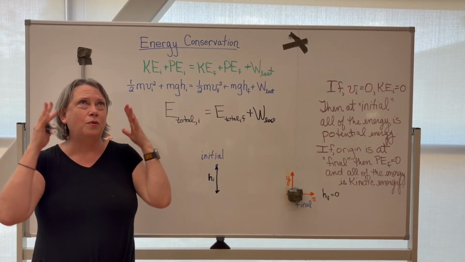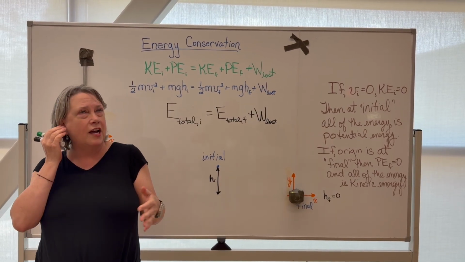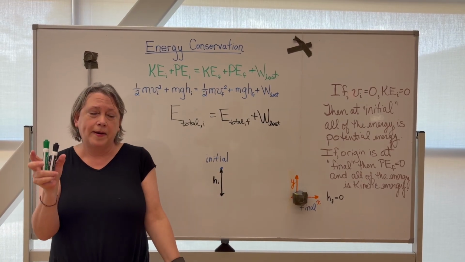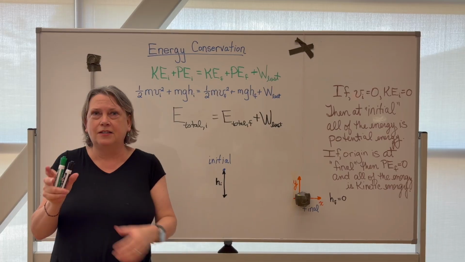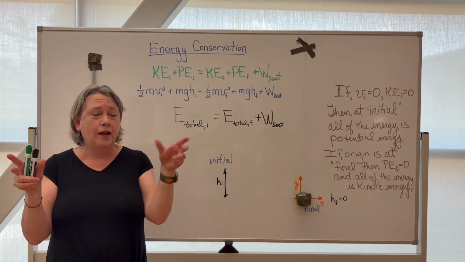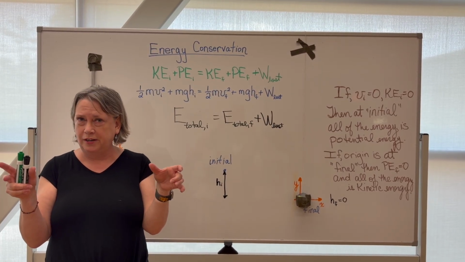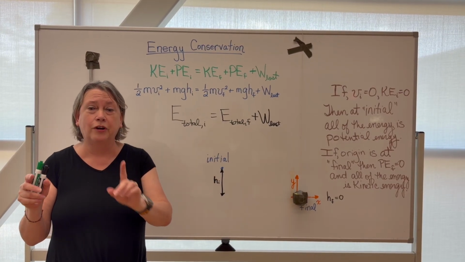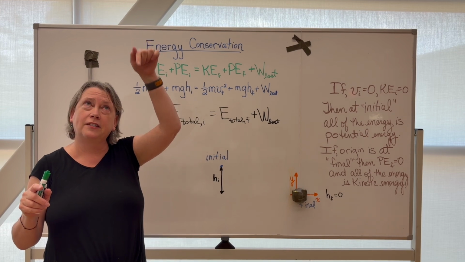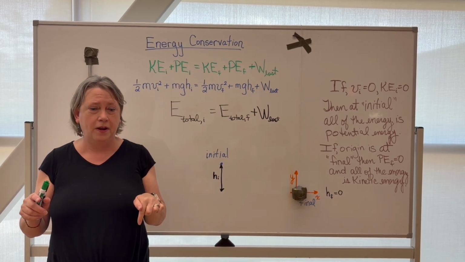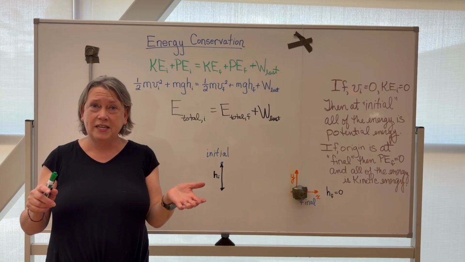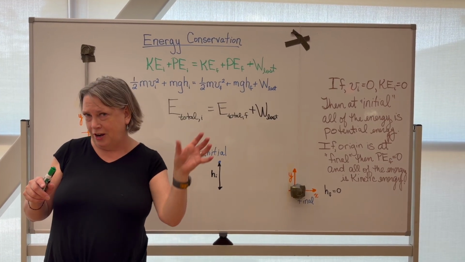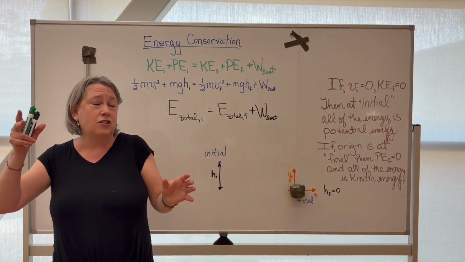I like to imagine energy conservation as if I had two glasses. One glass labeled kinetic energy and one labeled potential energy. And let's suppose the example that I used earlier of if we just shot a projectile straight up and straight down. I would have no potential energy at the beginning. So let's say the potential energy glass is empty and it's all kinetic.